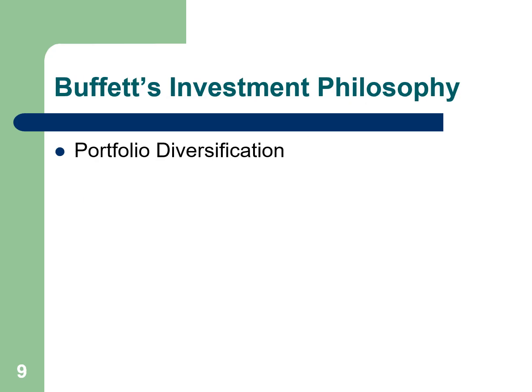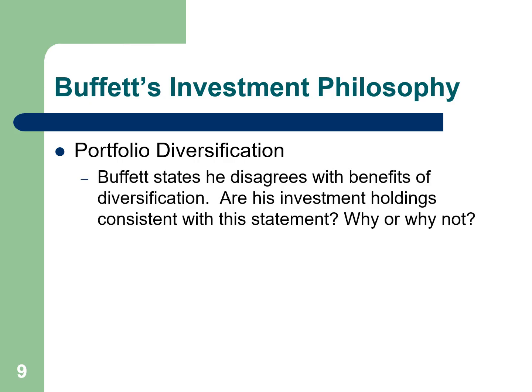Buffett's investment philosophy. Warren Buffett's approach to investing has often been characterized by his cautious stance on diversification. While conventional wisdom advocates for diversification as a way to mitigate risk, Buffett has expressed a belief in concentrating investments in high-quality assets that one understands well, rather than spreading out investments too thinly.